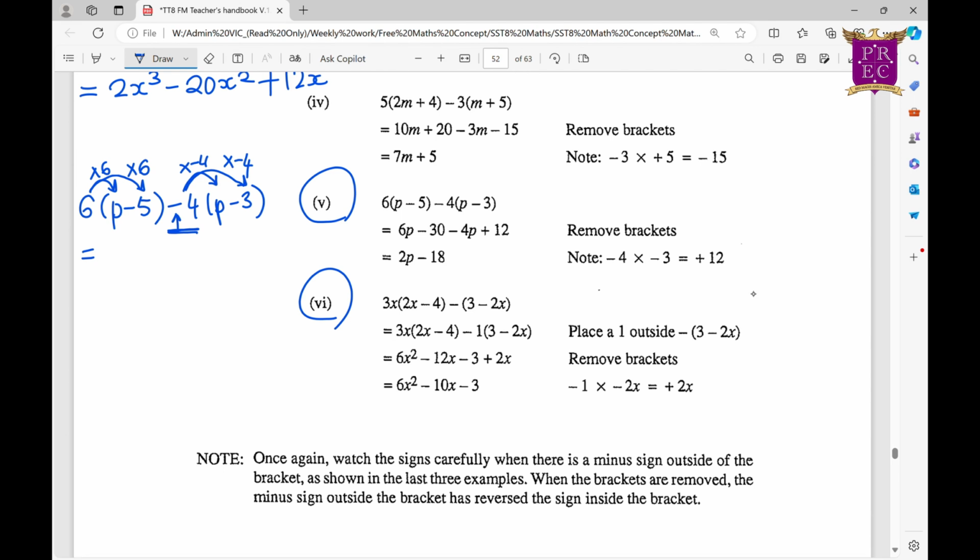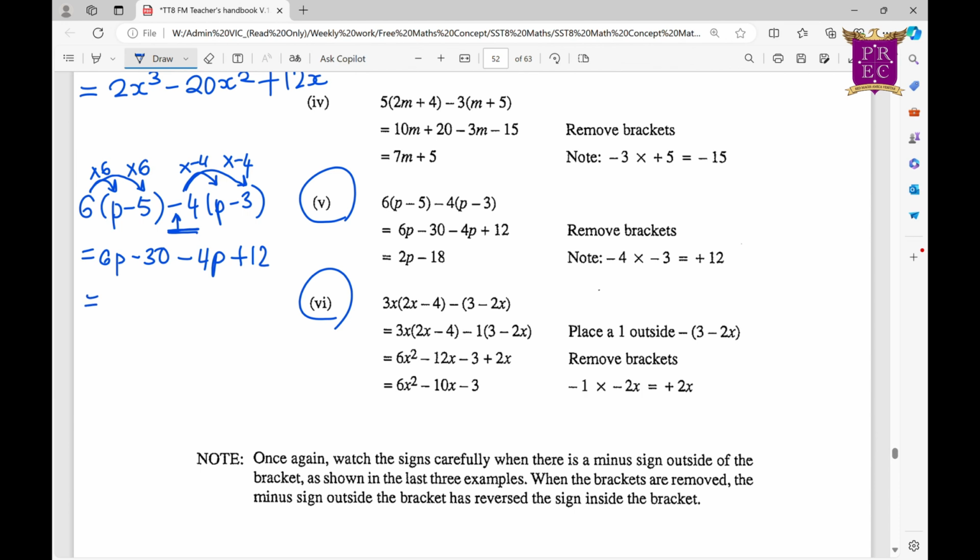So if I write that out, it becomes 6p, and 6 times negative 5 is minus 30, and negative 4 times p is minus 4p, and negative 4 times negative 3 is positive 12. Always be mindful of the signs at the start.